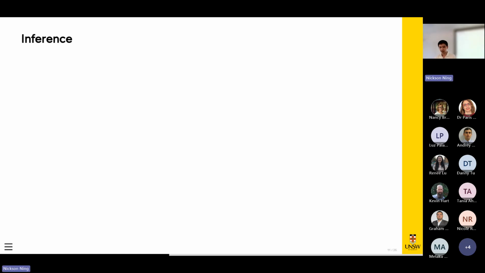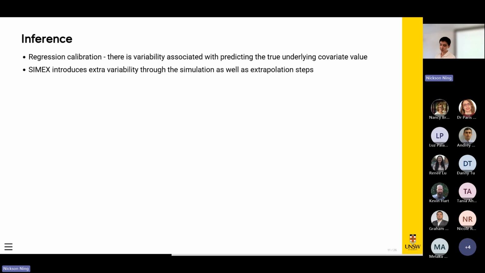Okay, so a problem with these methods that I want you to think about right now is that they both introduce a bit of uncertainty into your parameter estimators. With regression calibration, there's some variability associated with trying to predict your true underlying covariate, and simulation extrapolation also introduces extra variability through the simulation as well as extrapolation steps.